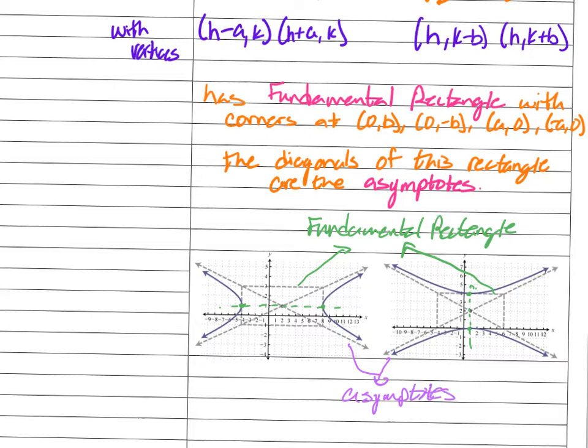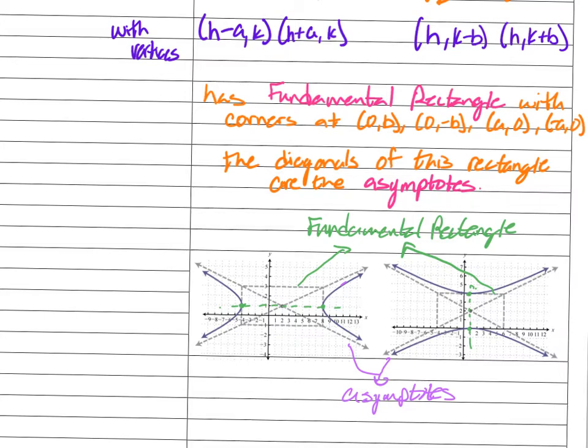And then the hyperbola is on each side inside of those asymptotes. They don't cross those asymptotes. The asymptote, remember, the definition of asymptote is a line that my graph does not cross. So my hyperbola is drawn inside of those asymptotes.